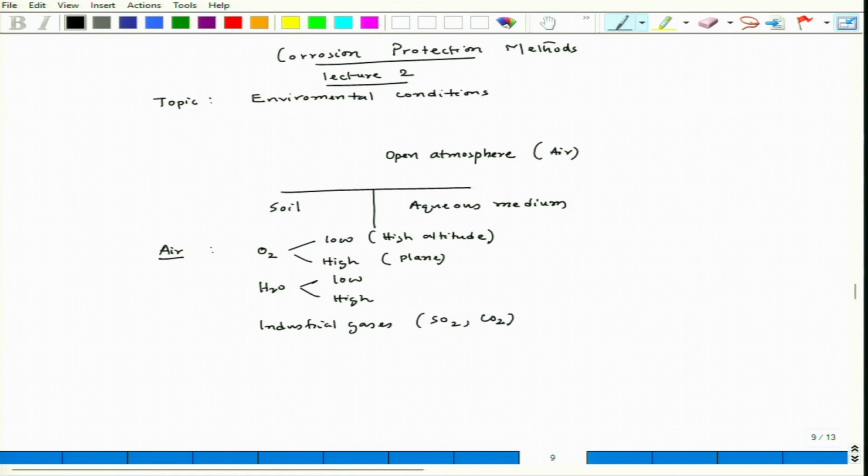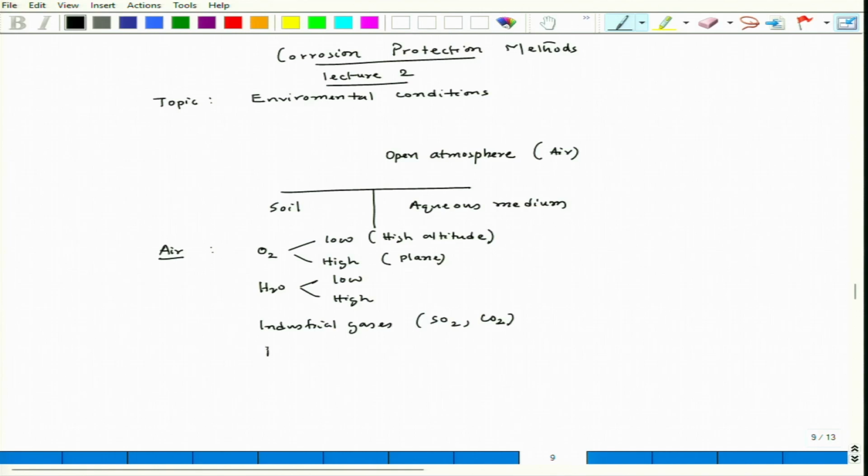In Kanpur, a big city, there are a lot of vehicles and industries, and the gases coming out contain a lot of SO2 or CO2. So, that atmosphere would be highly acidic if rain happens. That is the acid rain problem, which could be very high wherever we have SO2 or CO2 in the atmosphere, and acid rain would lead to serious damage to concrete structures. So, it can be low or high.